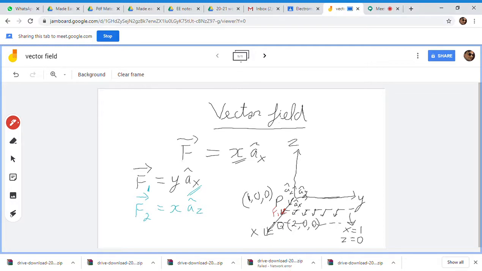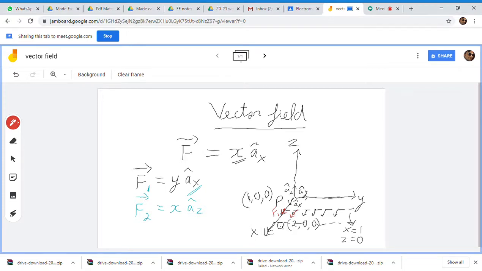As soon as you move in the y axis, let us say this is 1 unit, so your magnitude will be 1 unit and the direction will be in the x direction.